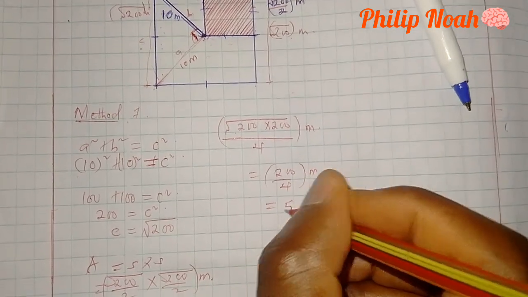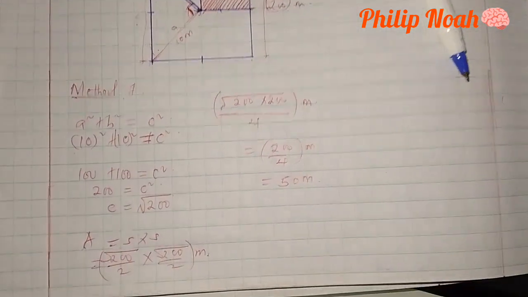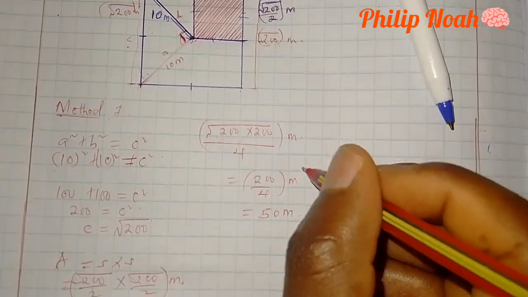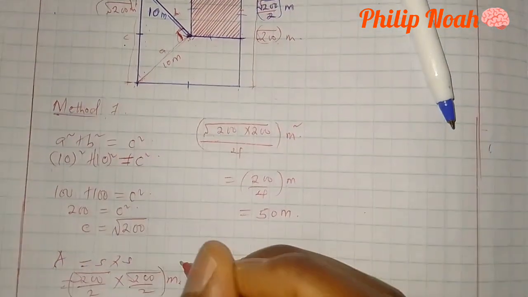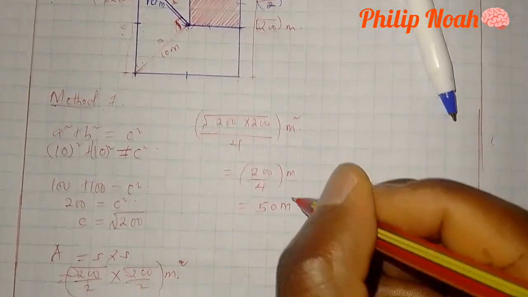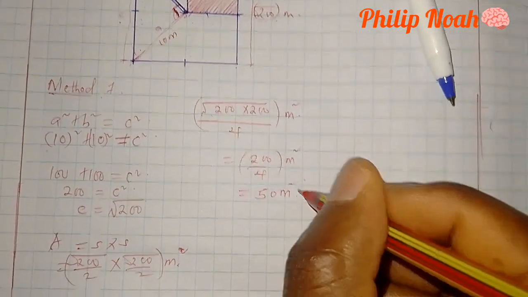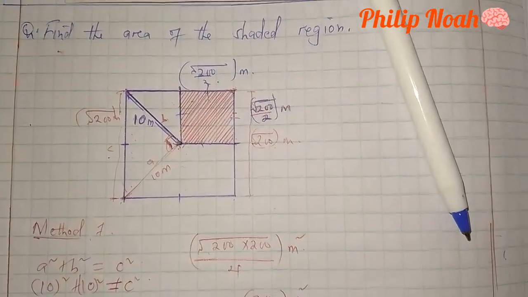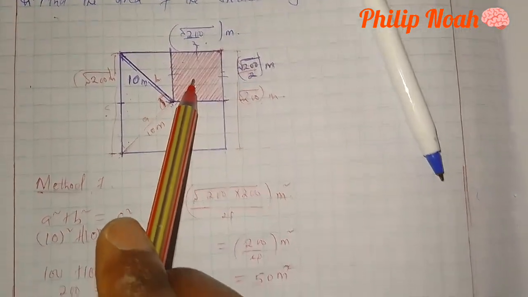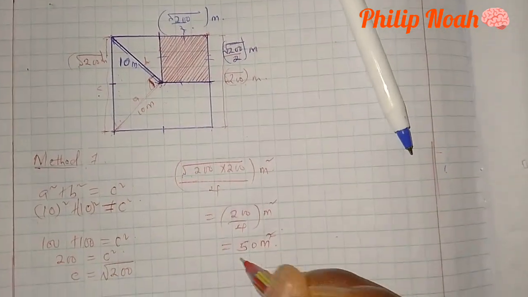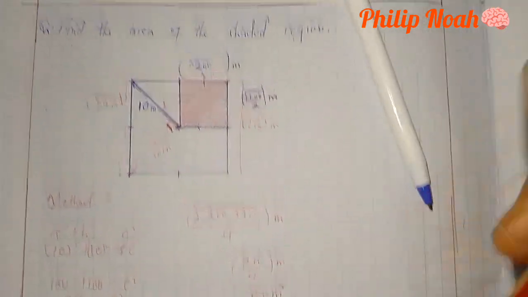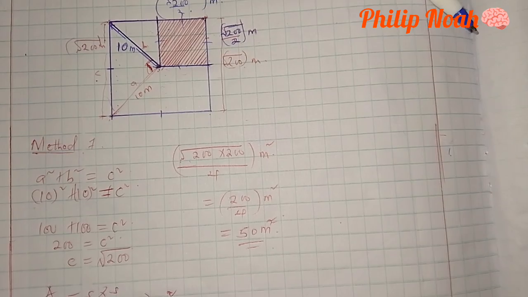This becomes 50 meters squared as the area of this shaded region. Hope you understand what I'm doing here. Okay, that's method 1.